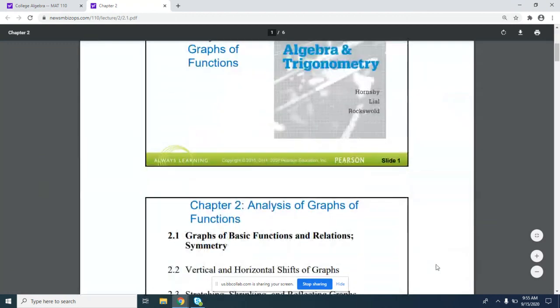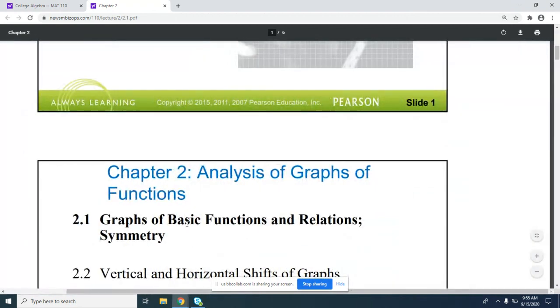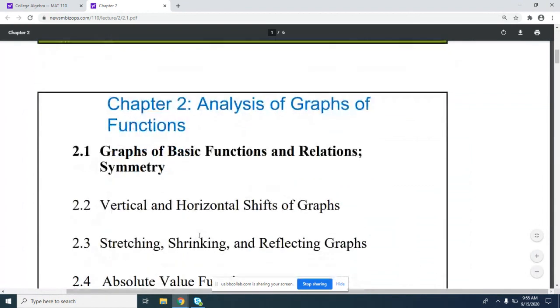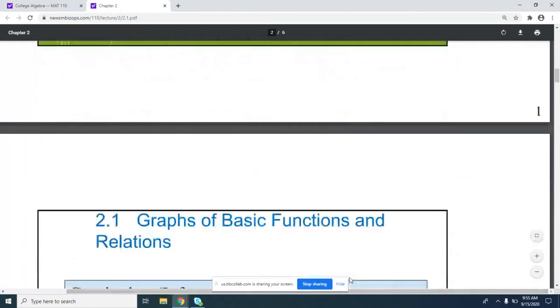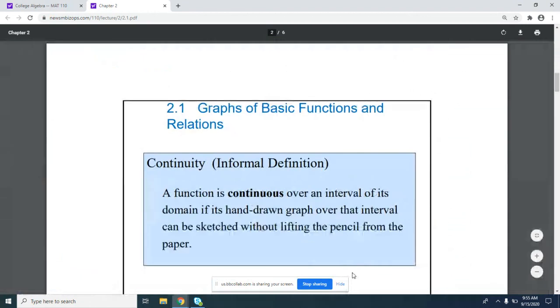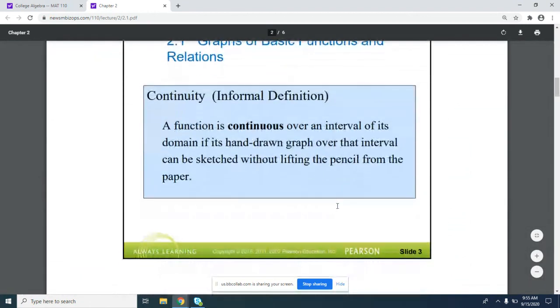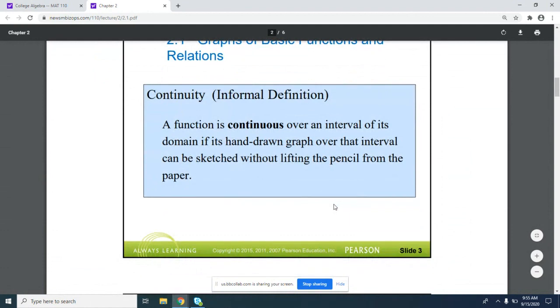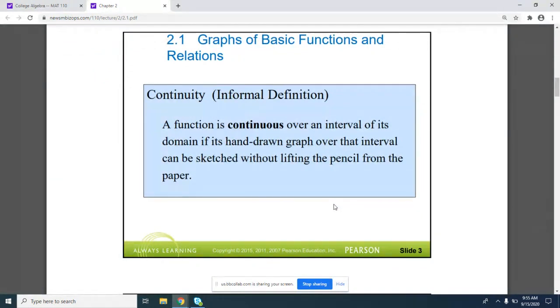All right, so in section 2.1, we're going to talk about graphs of the basic functions. And first, we're going to talk about something called continuity. A function is continuous, or has continuity, over the interval where you can trace your graph without removing your pencil from the paper.